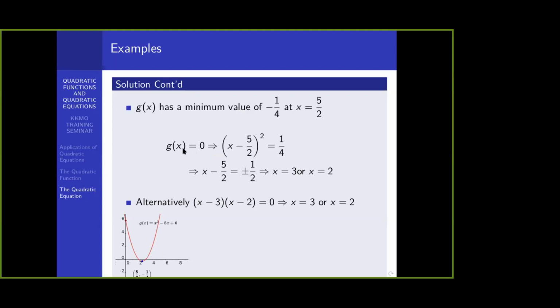And if we equate it to 0, then x minus 5/2 squared will be equal to 1/4, and this simplifies eventually to x is equal to 3 or x is equal to 2. You could also just use the roots obtained from the formula or otherwise, and you have x minus 3, x minus 2 is equal to 0. And the graph will look like this. It will cut the x-axis at 2 distinct points.